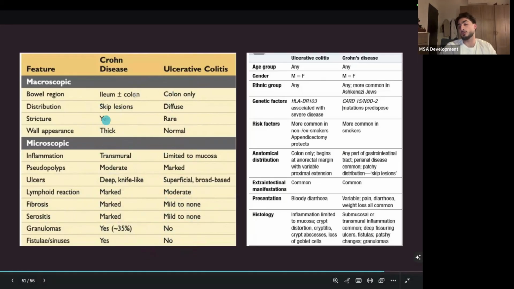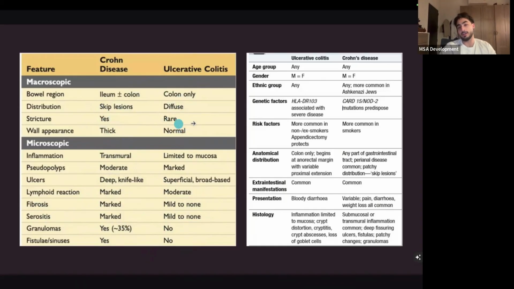You do see a lot of strictures in Crohn's, whereas they're very rare in ulcerative colitis. CARD15 or NOD2 are genetic factors that you should remember for Crohn's disease. And HLA-DR103 is something that you should remember also for ulcerative colitis. Although they typically, I think, ask only about NOD2, just memorize it anyway.